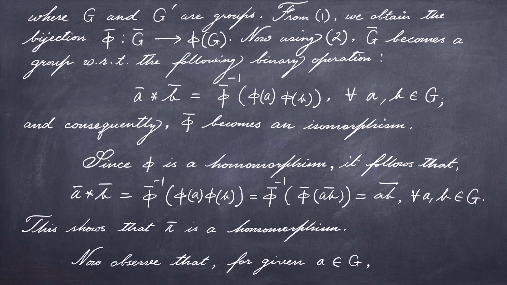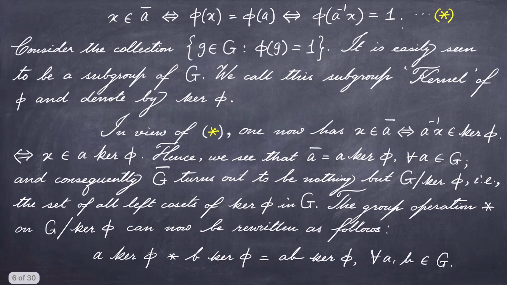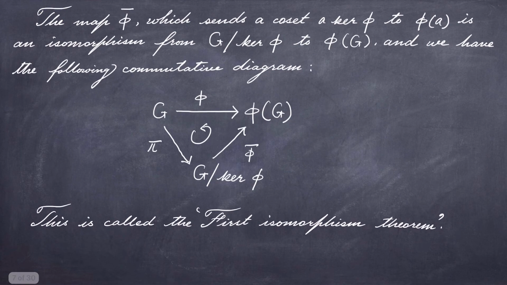Now exploiting the group structure of G more, we see that the elements in G bar, namely the equivalence classes, are nothing but the cosets of the kernel of phi. So therefore the collection of cosets becomes a group with respect to this operation, and that group is isomorphic to the image of phi. So we have never used any concept like normal subgroups or factor groups.